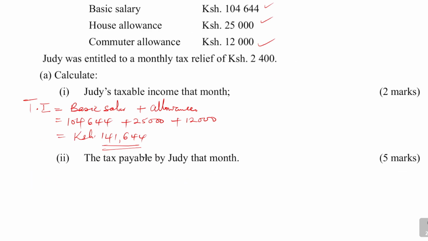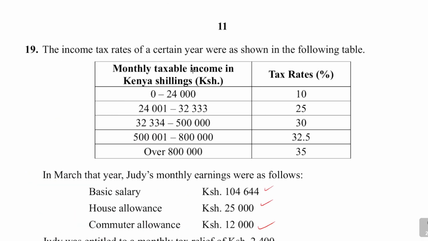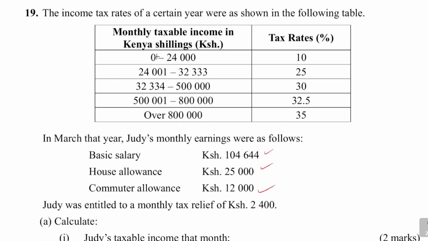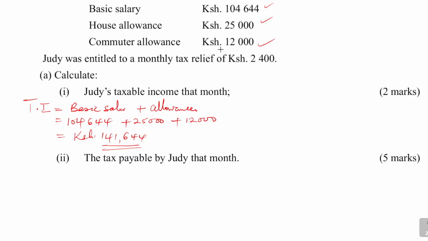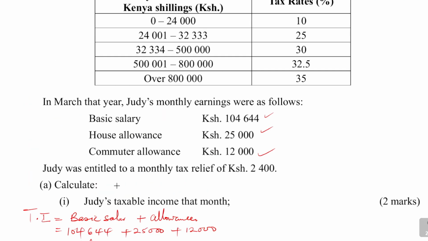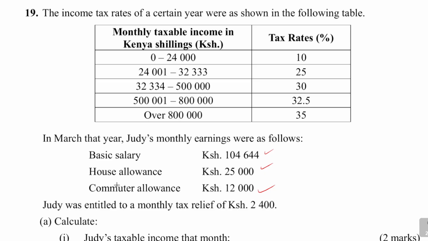Part 2, the tax payable by Judy that month. So after getting the taxable income, which is 141,644, that is what now we need to tax using the taxation bands that are here. So we are taxing 141,644. So we go to the first band. The size of the first band is 0 to 24,000.